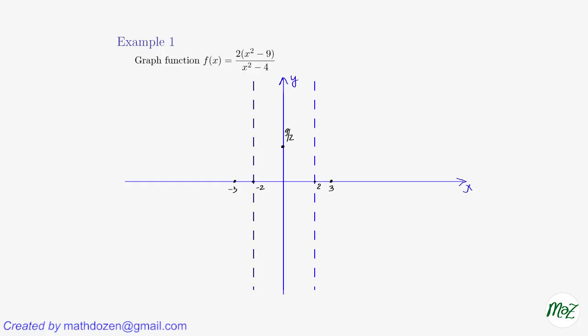Then there are vertical asymptotes at -2 and 2. And there is a horizontal asymptote at y = 2. And then, remember, to the left of -2, the graph should be concave down and decreasing. So it looks like this is the only way for it to be. And it has to go through -3.